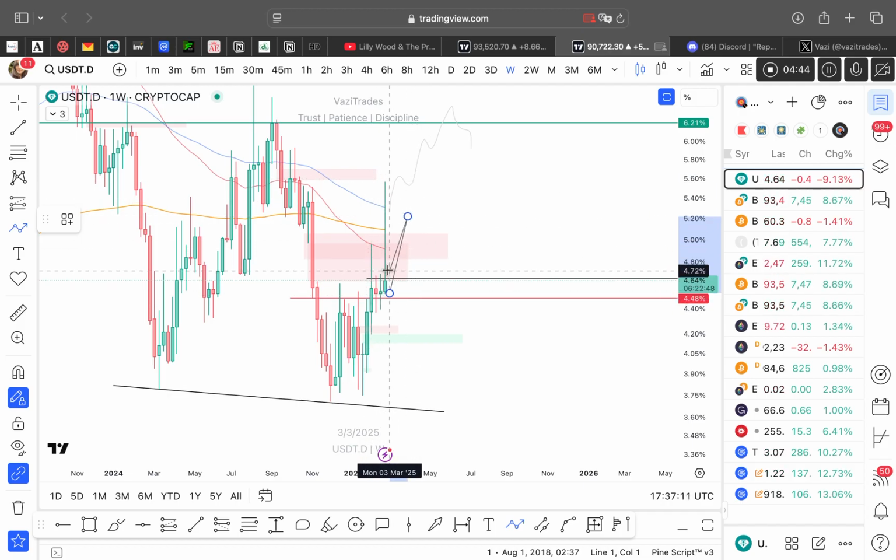I cannot put fibs right now because I need to wait for the close of the candle.